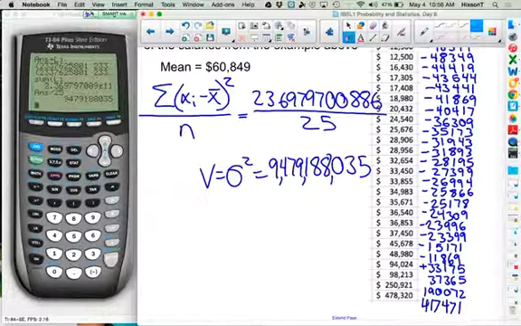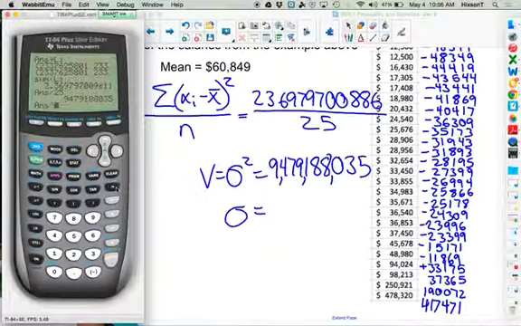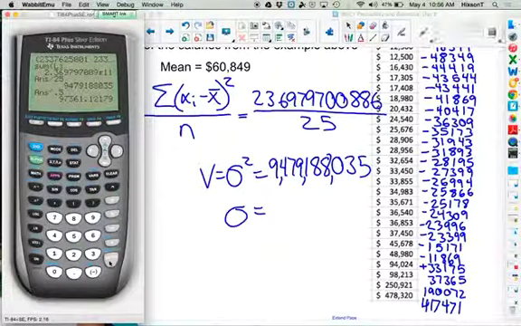All right? So how do we find the standard deviation? Square root. Square root that number. So we square root that, and we get 97,361.